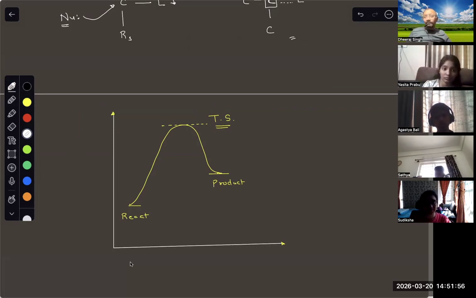But was the addition mechanism done in your school or only substitution and elimination were done? Only substitutions. The elimination was not done. We did substitution and elimination. But addition was not done.